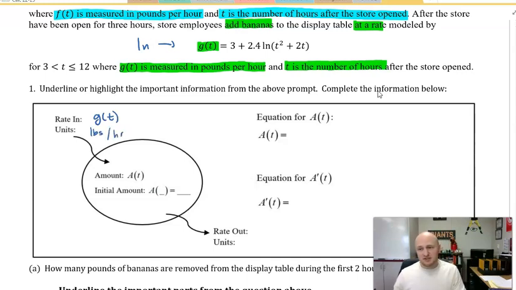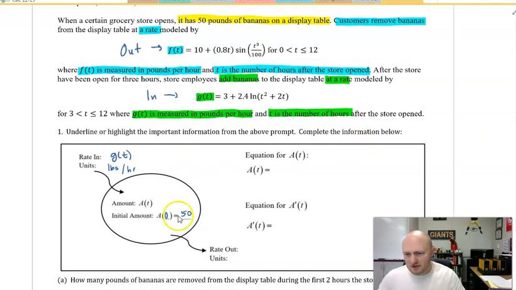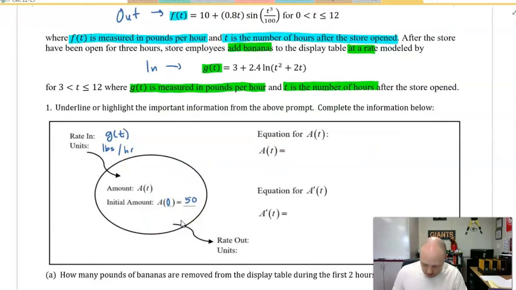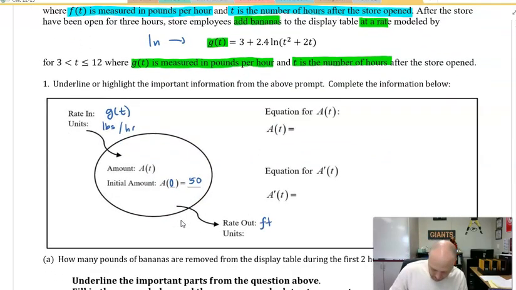Units can help us big time in these questions. The initial amount at time 0, sometimes that changes, but usually it's 0. We had 50 pounds of bananas on the display table. So there's your initial amount, and then our rate out, this was f of t, and our units again are pounds per hour.